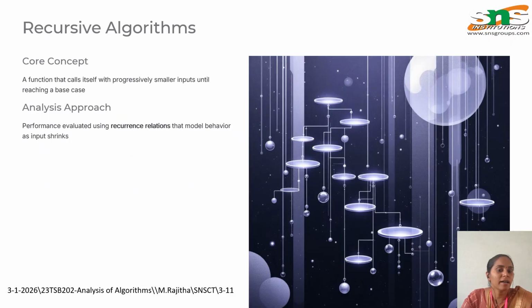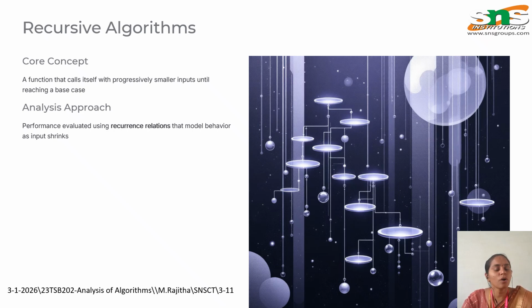A recursive algorithm is an algorithm in which a function calls itself. Every recursive algorithm has two important parts: base case and recursive case. Base case is where the recursion stops, and recursive case is where the function calls itself with a smaller input.